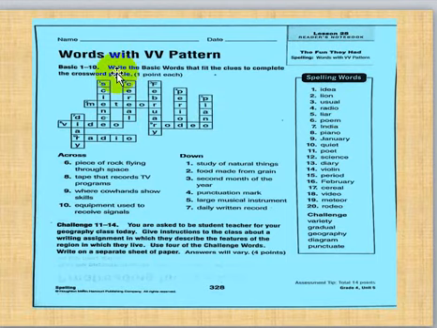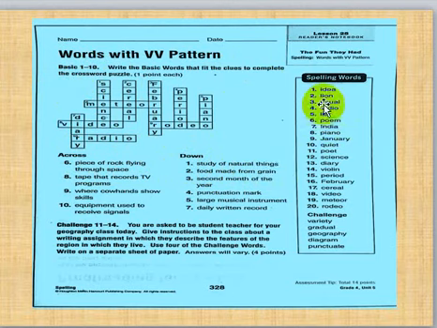So here in number 1, write the basic words that fit the clues to complete the crossword puzzle. Okay, we'll start with down, number 1: study of natural things.